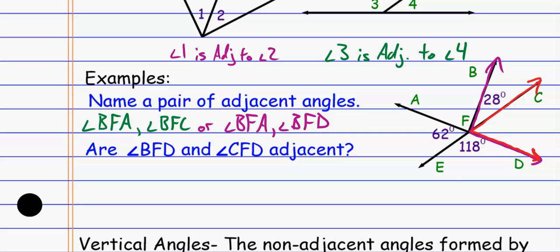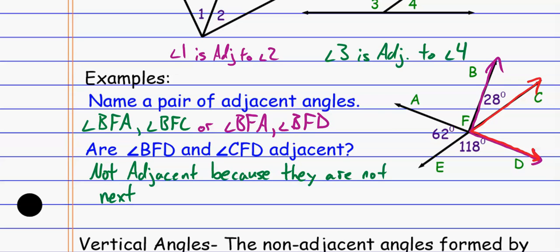The idea here is adjacent angles don't share anything but that one side. So I can't have one angle inside the other. I need the angles next to each other. So no, these are not adjacent angles because one is inside of the other angle. They're not adjacent because they're not next to each other.